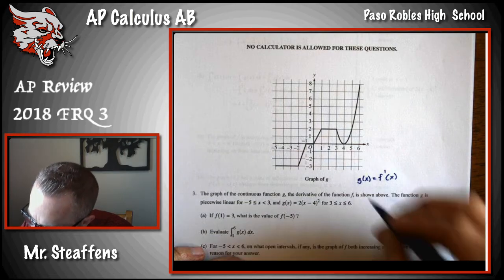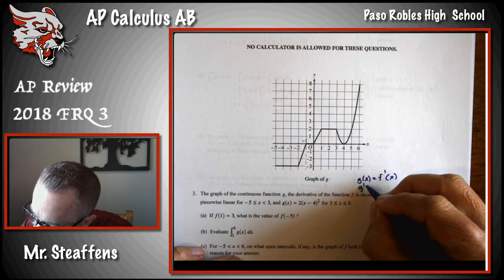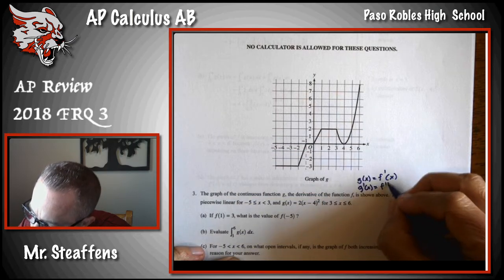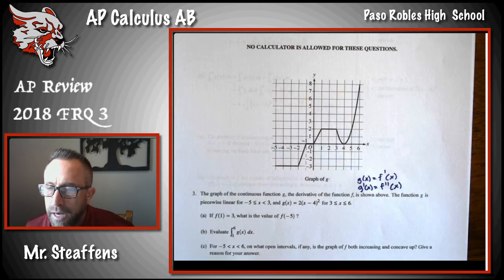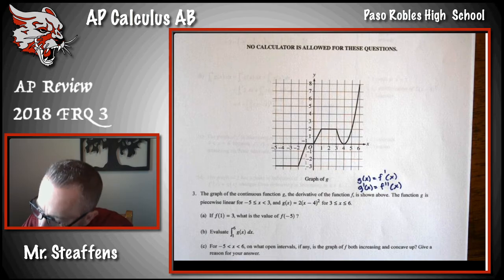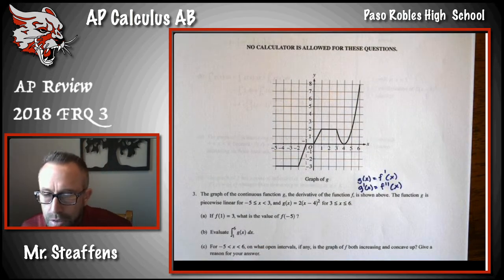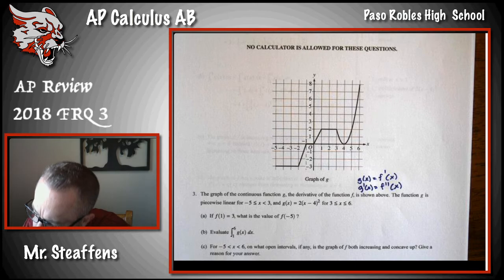It also tells us that G prime of X, the slope of this, is the second derivative of F, right? So we use the first derivative for all these critical points, and the second derivative is going to be for concavity.